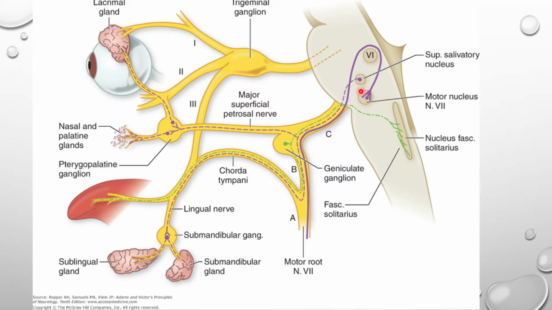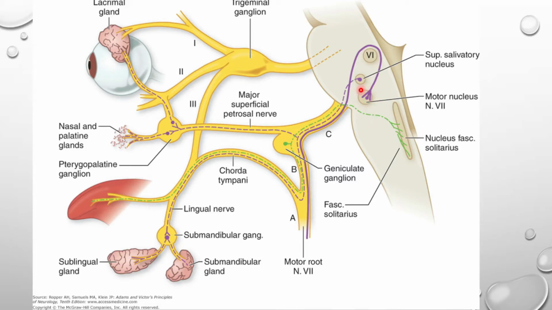The motor nerves that are going to supply your muscles of facial expression actually arise within the brainstem, and these are lower motor neurons that arise in the brainstem.